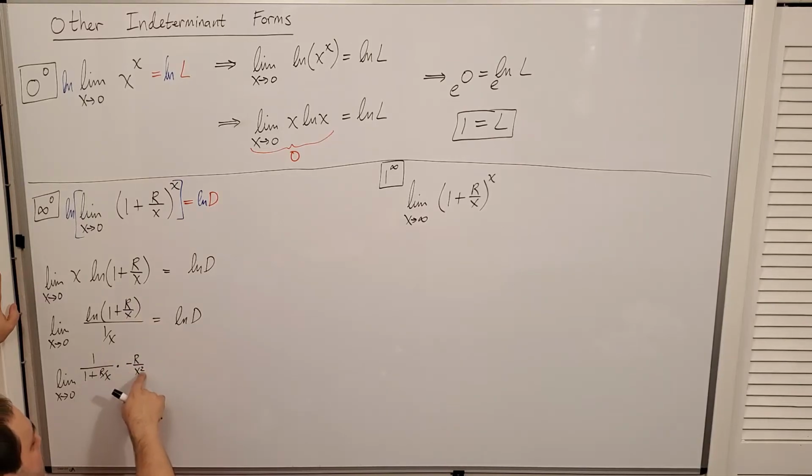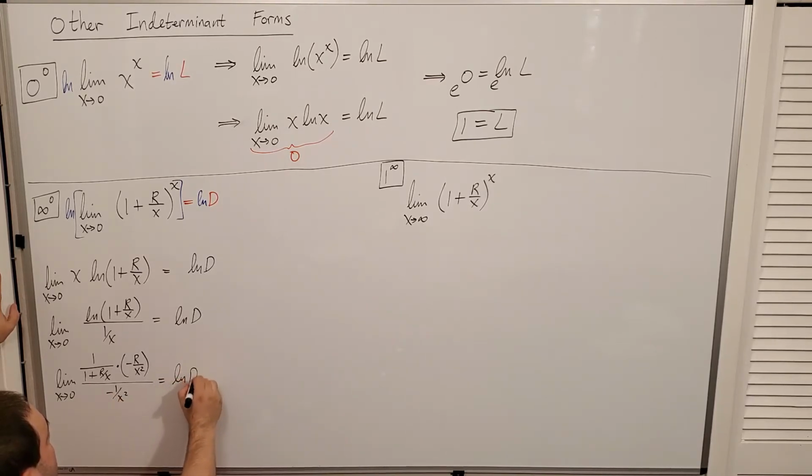So I drop the negative 1, subtract, I get negative 2 power. So that's the chain rule for that one. And then, of course, the derivative of 1 over x gives me negative 1 over x squared, equal to the ln of value d.